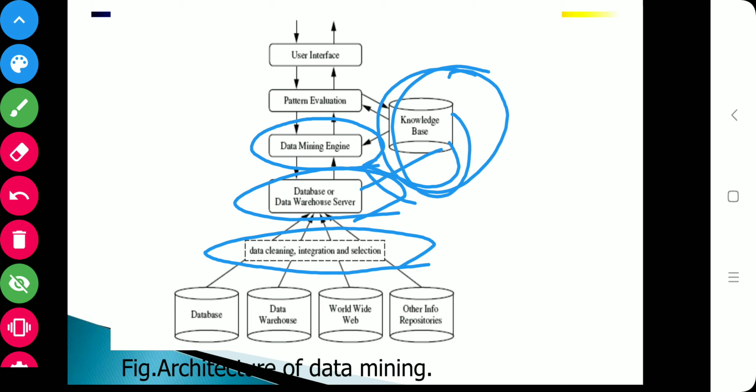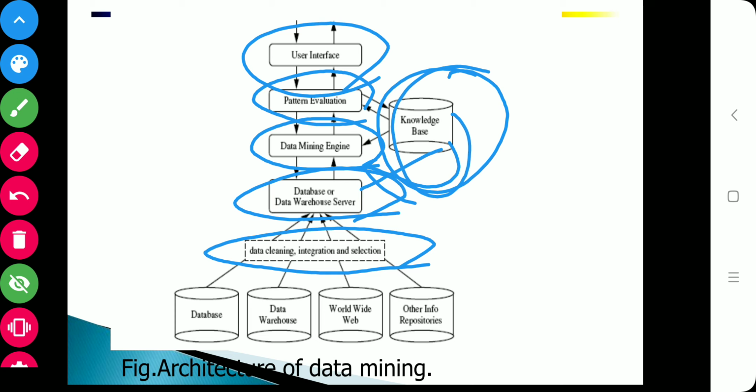Then after the knowledge is mined from the database, that knowledge is represented to the user by using various patterns, and after that it is represented to the user in terms of various charts and graphs. Okay, so this is the architecture of data mining.